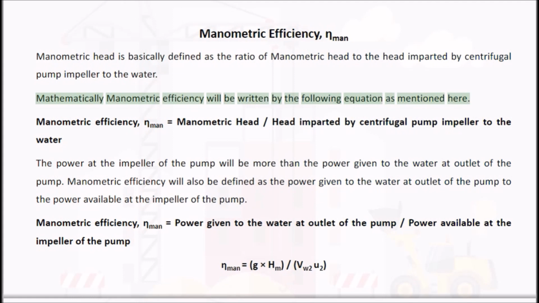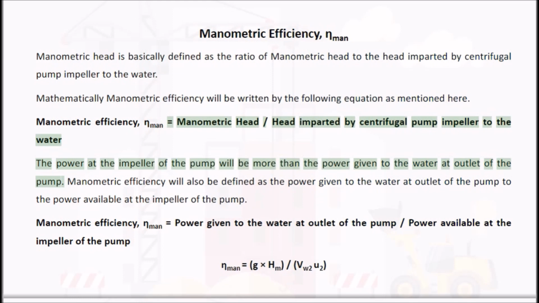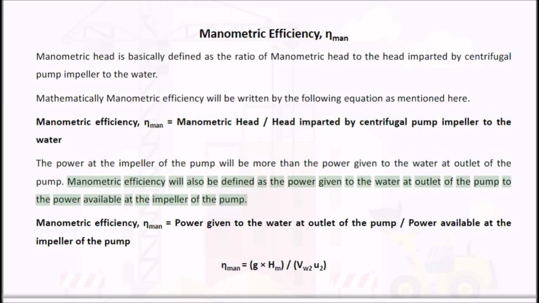Mathematically, manometric efficiency will be written by the following equation as mentioned here. Manometric efficiency, eta man, equals manometric head over head imparted by centrifugal pump impeller to the water. The power at the impeller of the pump will be more than the power given to the water at outlet of the pump. Manometric efficiency will also be defined as the ratio of the power given to the water at outlet of the pump to the power available at the impeller of the pump.